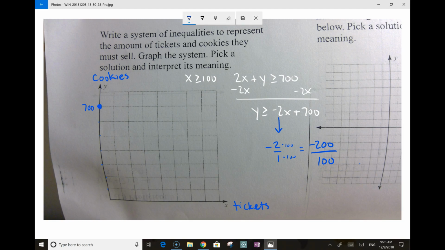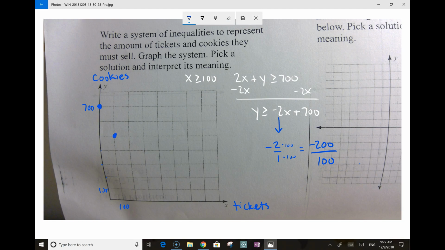Then I go down 200 units. Because each one is 100, I can safely go down 1, 2, and that's going down 200. And then similarly on the ticket side, this is 100. So if I go 100 to the right, I end up right here. Okay? So those are my 2 points.